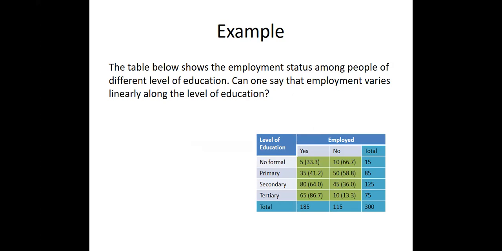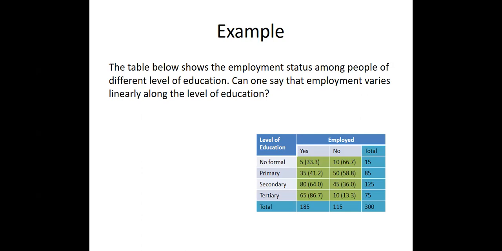You can see how many people have no formal education here is 15. Primary education is 85. Secondary education is 125. Tertiary education is 75.